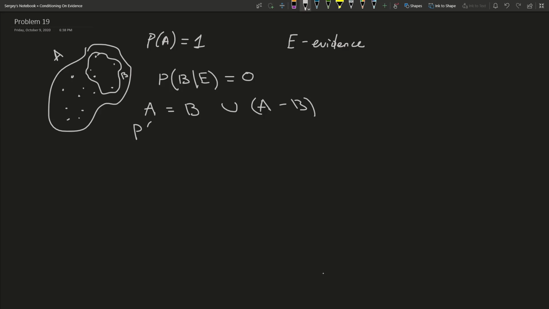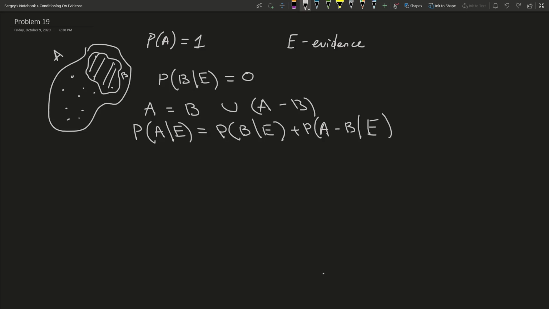And so the probability of A under our evidence, once the evidence is observed, can be rewritten as the probability of B under our evidence plus the probability of A minus B, the set difference of A and B, under the evidence. And since Sherlock Holmes now considers these scenarios in B impossible, the probability of B under the evidence is 0.